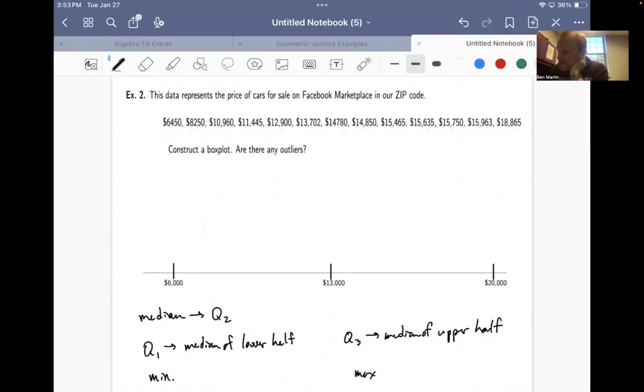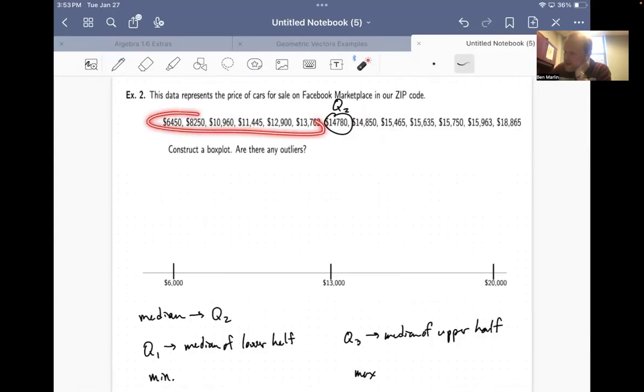And that means that I'm going to be able to get the middle score, 1, 2, 3, 4, 5, 6, 7. So the seventh one is going to be here, and that's what we refer to as our median, our Q2.